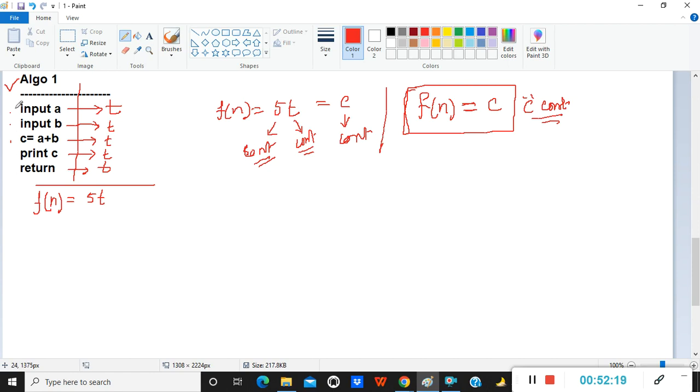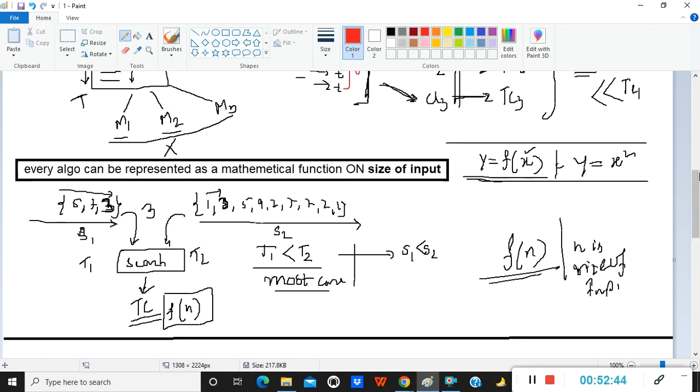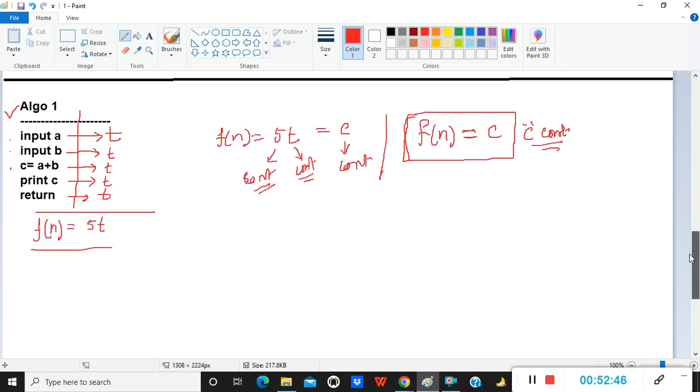You may have some switch cases or if and else, but no loops and no recursive function calls. These types of algorithms are called constant algorithms, and constant time will be taken by the processor or machine.